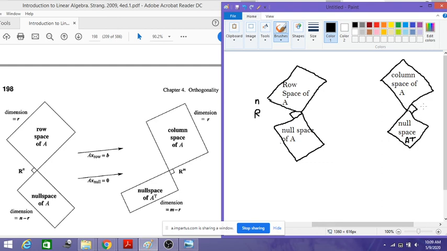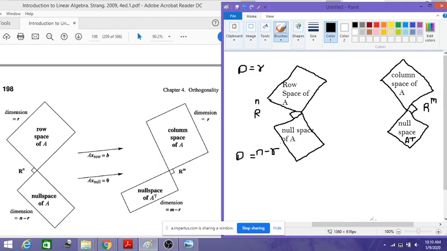As I told you before, the row space has the dimension r power m, and the column space has a dimension r power m. And here the dimension for the row space is equal to the rank of the matrix, and the dimension for the null space is equal to n minus r.